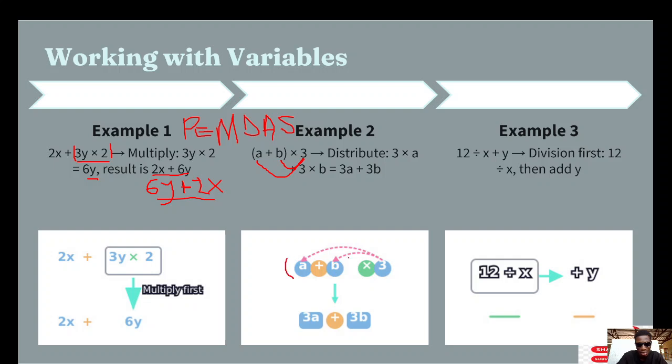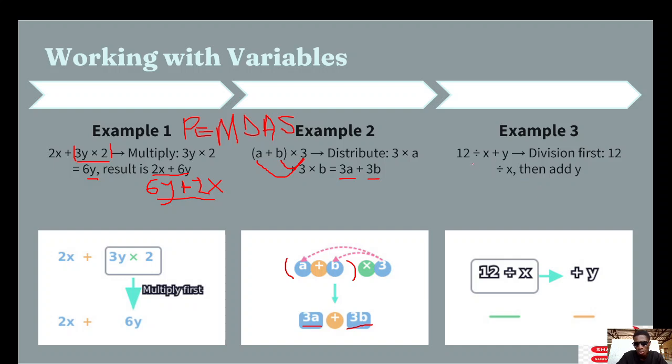Remember, there's a bracket attached to this. And then a plus b, so it's going to give us 3 times a plus 3 times b. So 3 times a is 3a, and then 3 times b is 3b. So this is the diagram representative of the expression or the problem above, and this is the solution. Since 3a plus 3b, we cannot add them, we leave the answer as such.